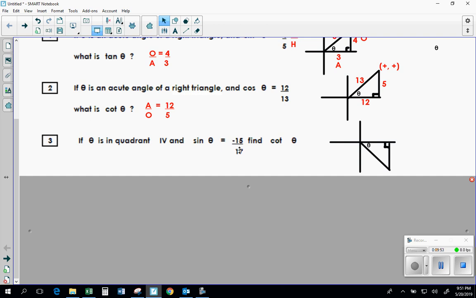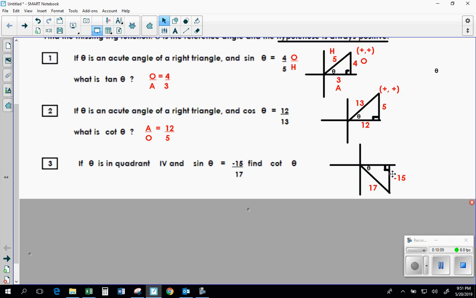Sine is opposite over hypotenuse. The hypotenuse must always be positive. So we have our 17 there. And sine, remember, is opposite over hypotenuse. So the opposite side is negative 15. Okay, and again, you should recognize this as a Pythagorean triple. 8, 15, 17.